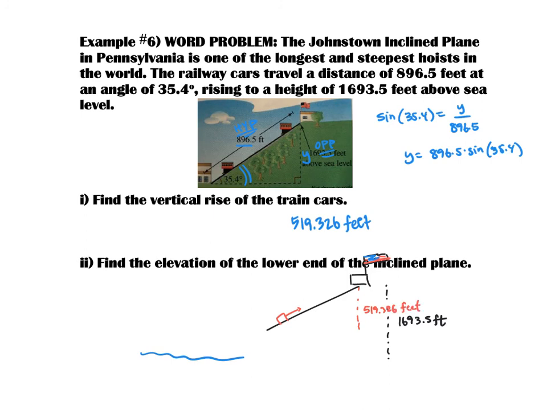What we're being asked here is the elevation of the lower end of the inclined plane. I want to know how far above sea level the lower end of that inclined plane will be.